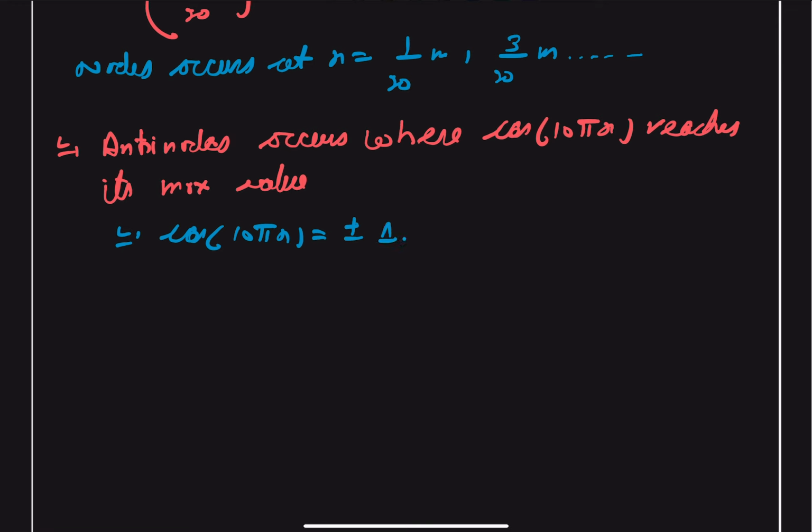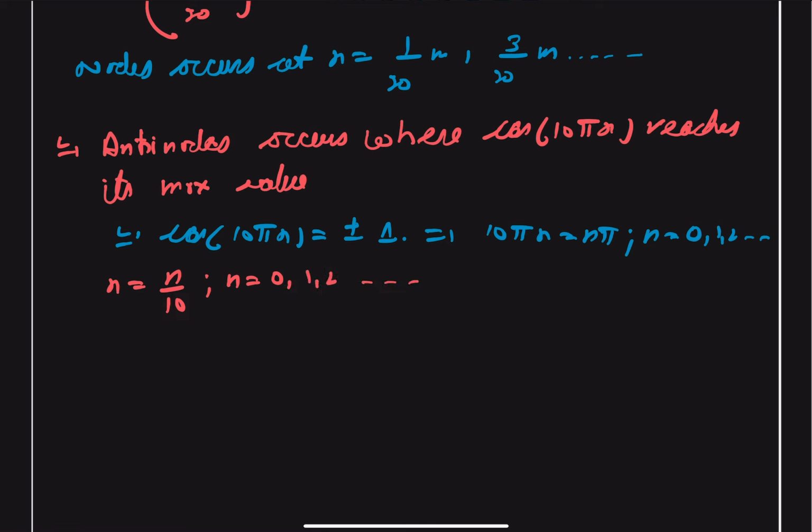So therefore we can say from here that our 10 pi x is equal to n pi, where value of n is our 0, 1, 2 and so on. So therefore we can write that our x is equal to n upon 10, value of n is our 0, 1, 2 and so on.